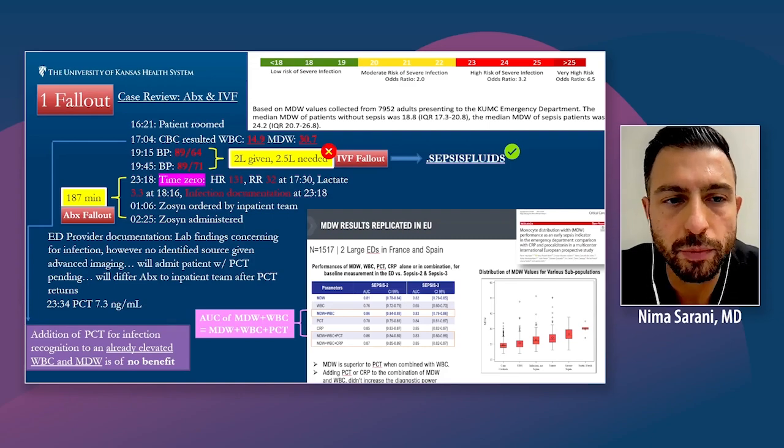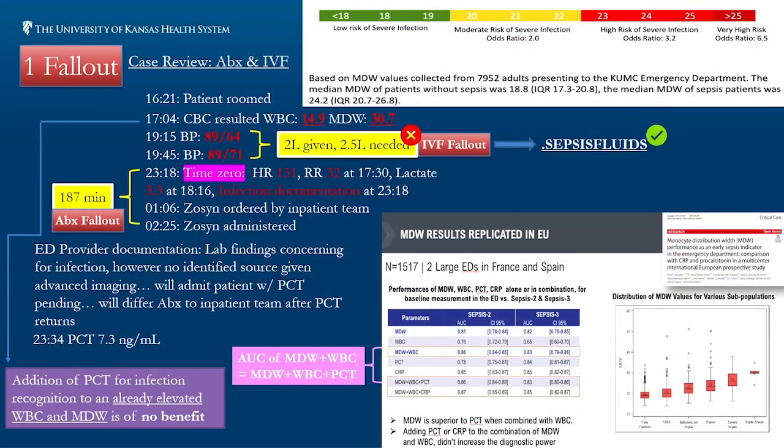On a monthly basis, we go through a detailed review of the specific fallouts that occurred during that month. This is just a sample slide that we presented to the staff during a staff meeting on one of the months. It goes through specifically the case and what turned out and how the fallout occurred and some of the things that we can do differently to avoid the fallout going forward.